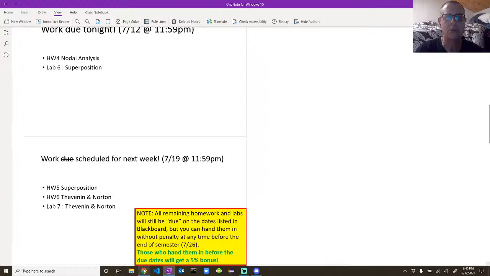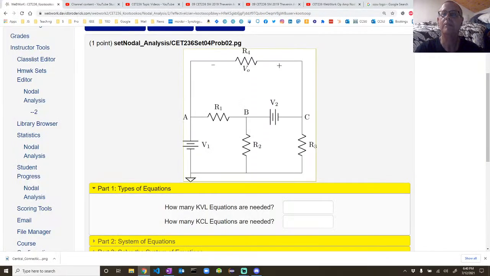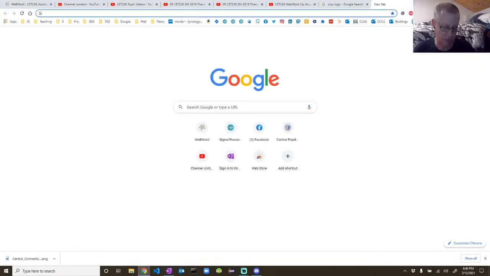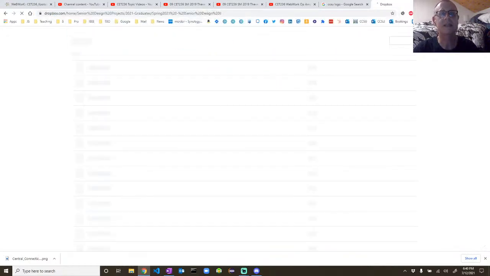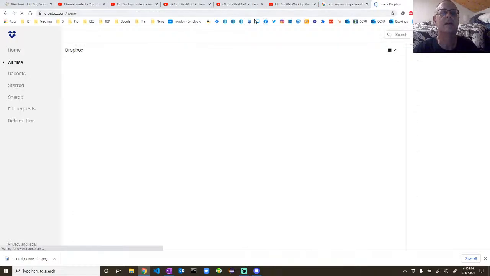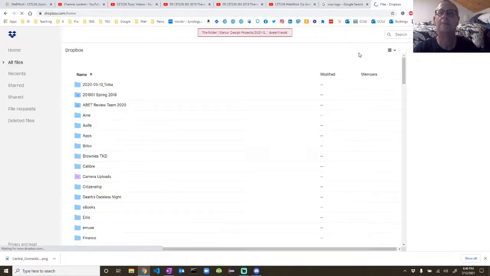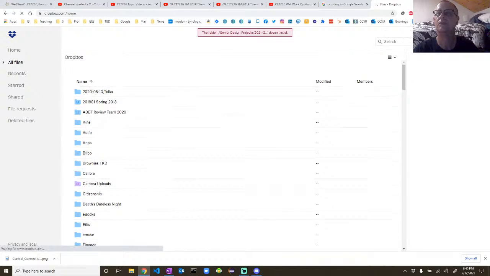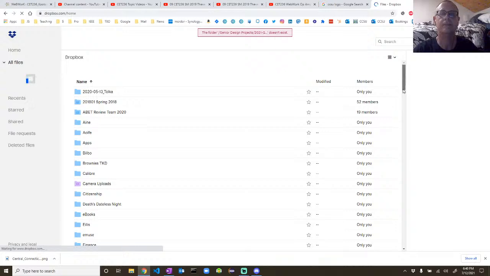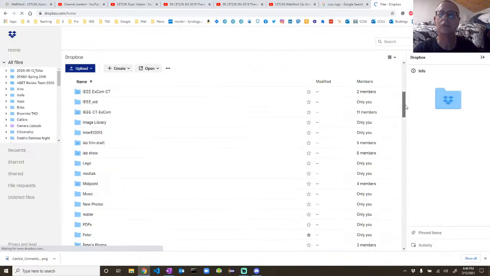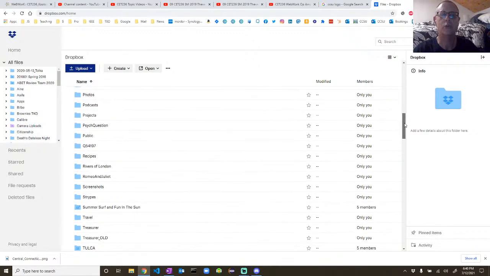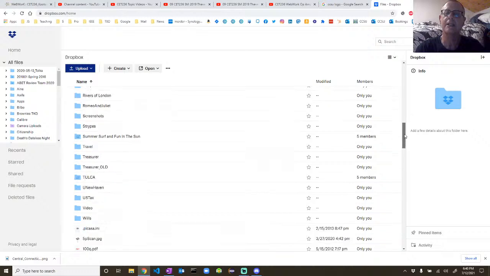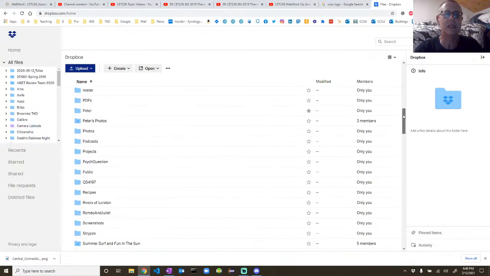I have a slight problem in that where I am now is out of cell phone reception, so I can't actually access my Blackboard from here because I've got two-factor authentication turned on and I need to be able to receive a text message, and I can't.